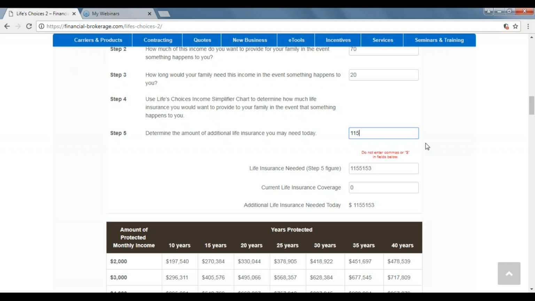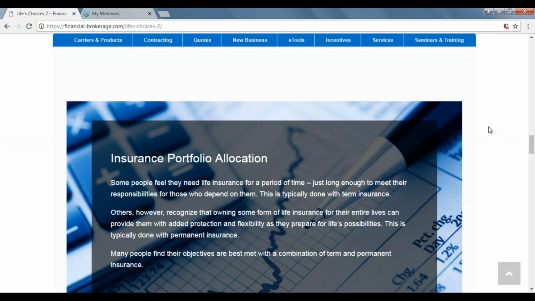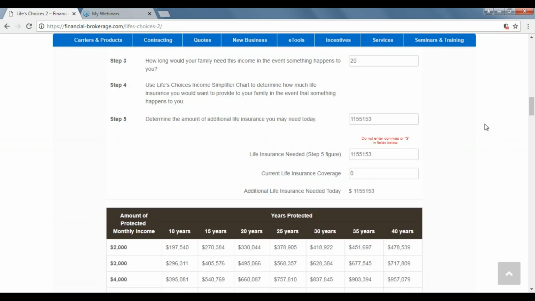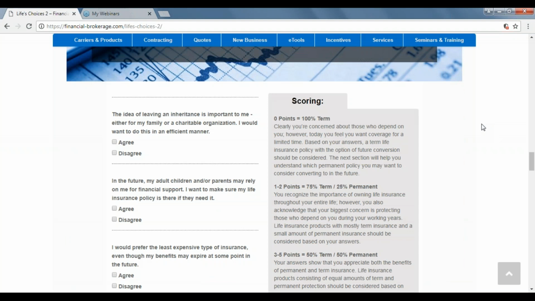The really unique part now is this second part here, the life insurance portfolio allocation tool. So this is going to help you determine, based on this number, how much of that's term and how much of that should be permanent.